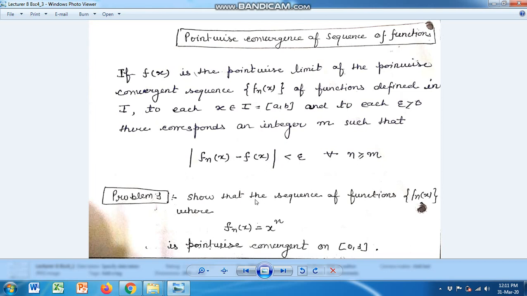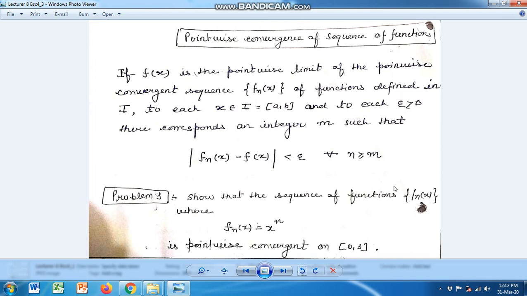Problem first: show that the sequence of functions f_n(x), where f_n(x) is defined as x to the power n for all x belonging to the closed interval [0, 1], is pointwise convergent on [0, 1].